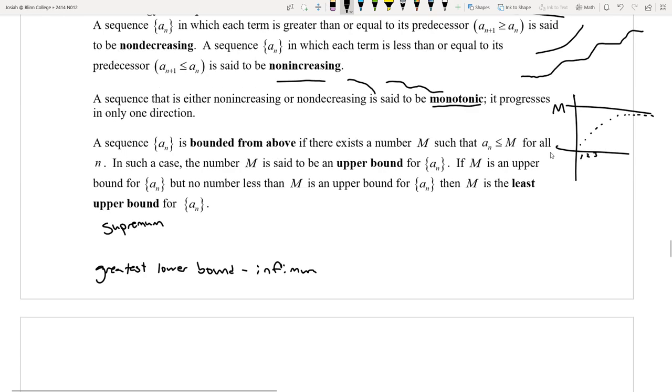So the idea is, if we always have to go either up or stay flat, and there's a ceiling, then the ceiling is usually going to be our stopping point or our limit, right? If we've gone this high, we can never go back down, and we can never break through the ceiling. So it has to be some sort of limit for us.